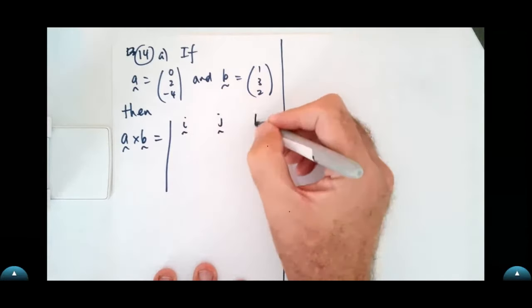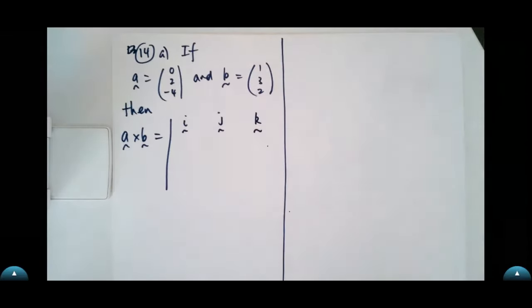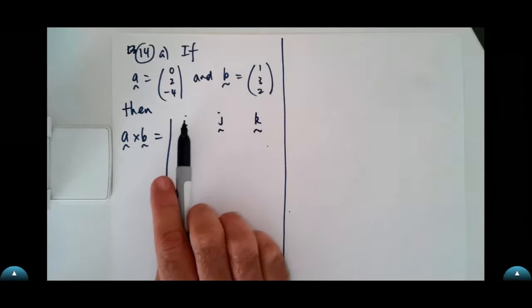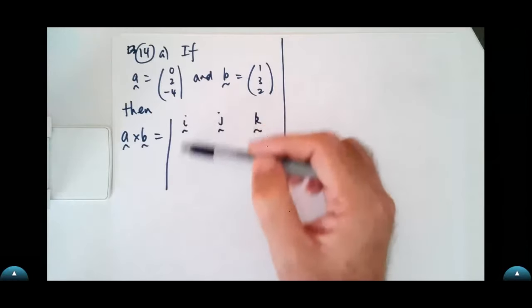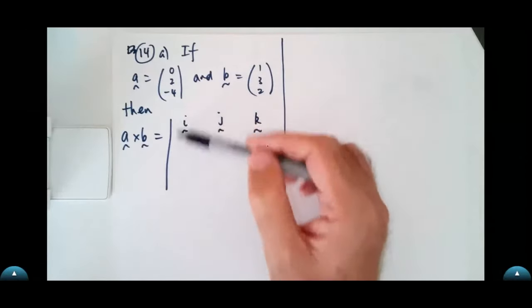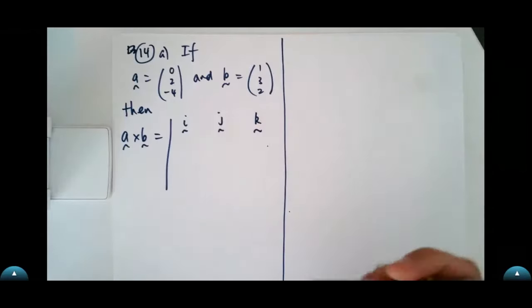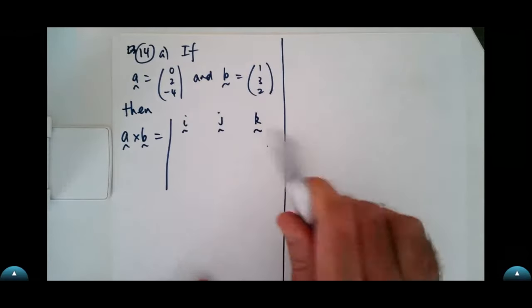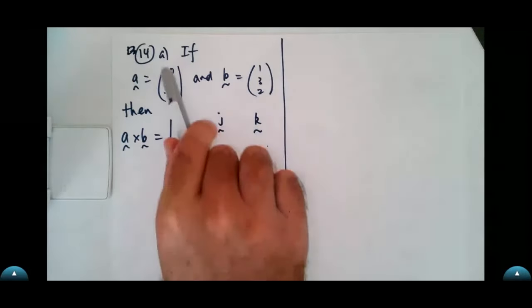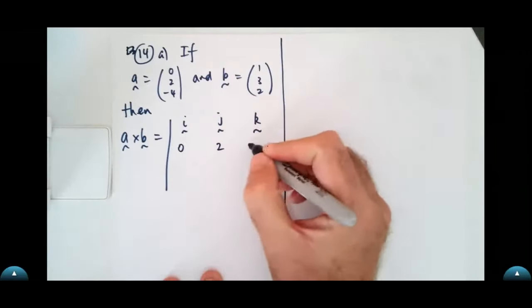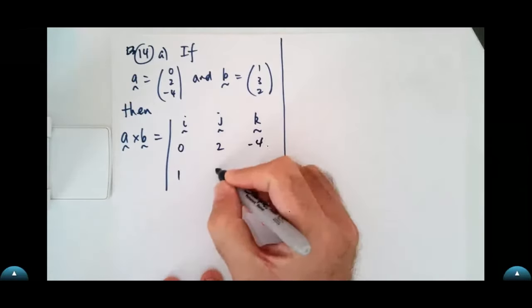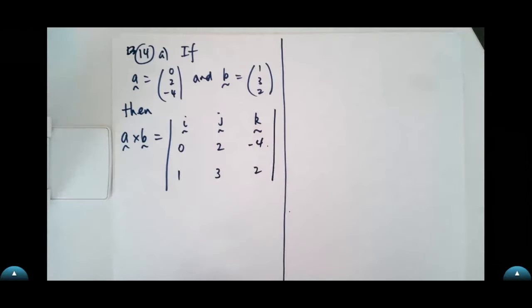Let me know if this is familiar or a bit weird. In some classes, the lecturer writes the ijk vectors as the first column. I do it as a row. It doesn't really matter. Then I write these two vectors as the rows of the determinant.